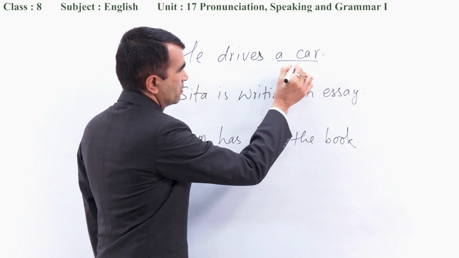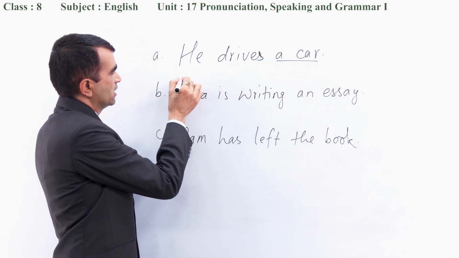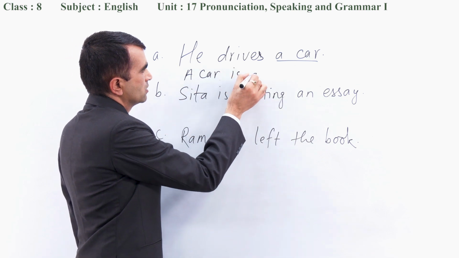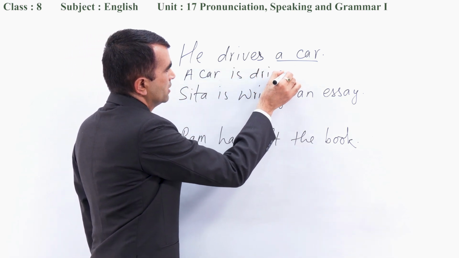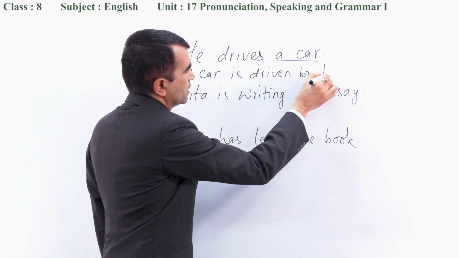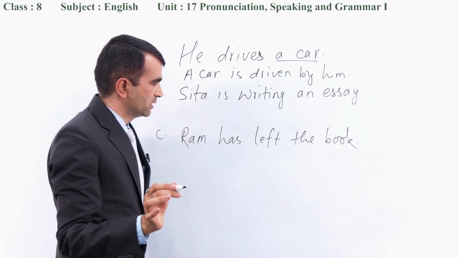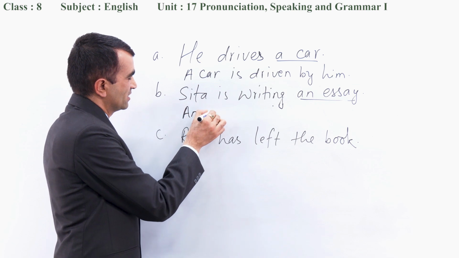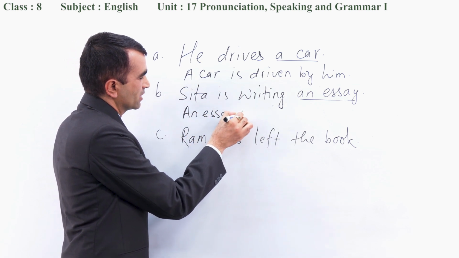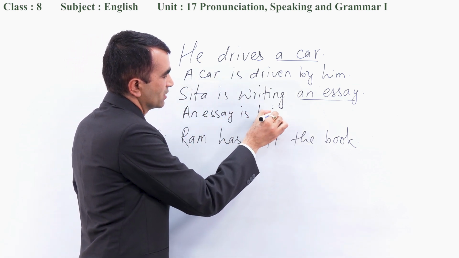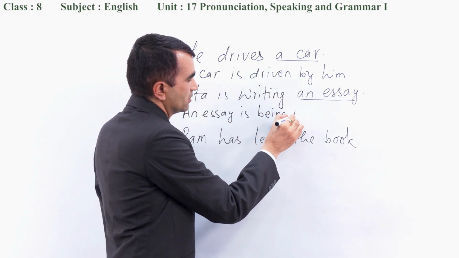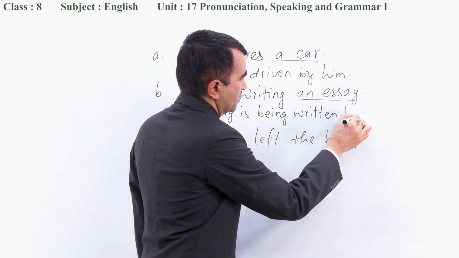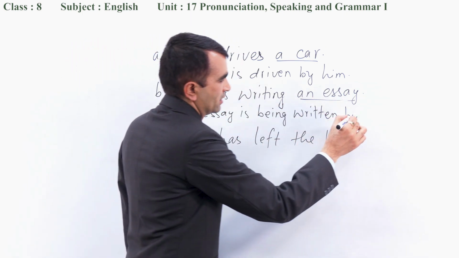Now, a car is the object that comes in subject position. A car is driven by him. One. Next, here the object, an essay, is being written by Sita.